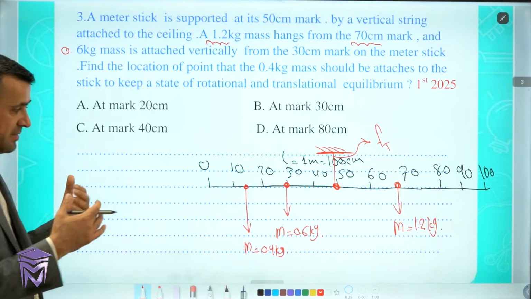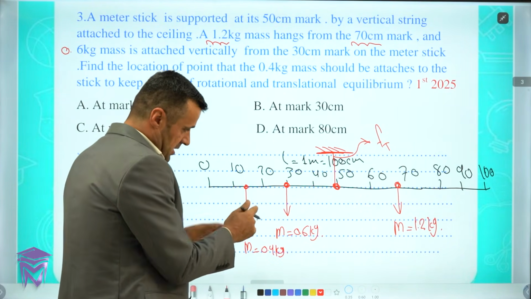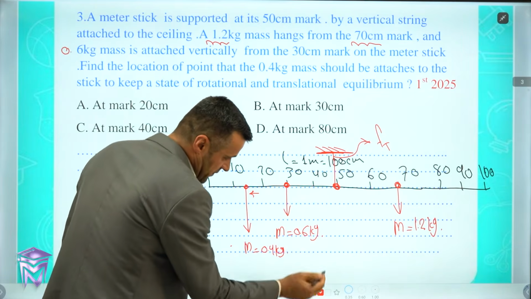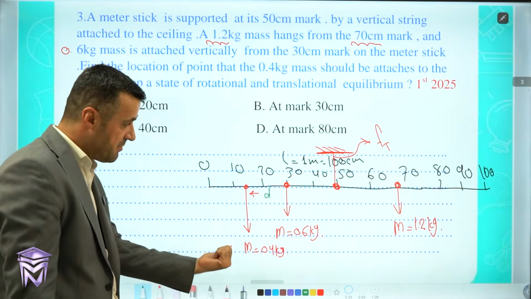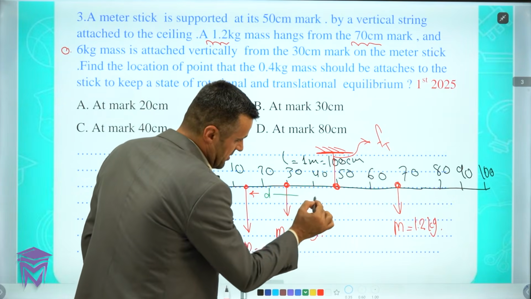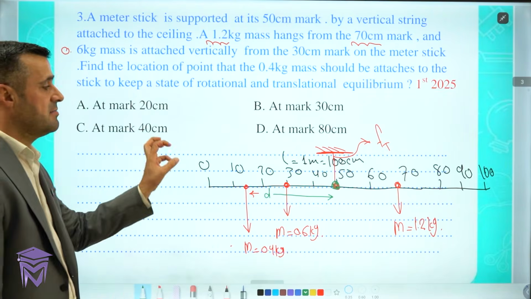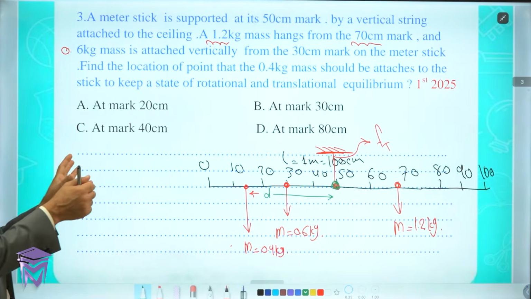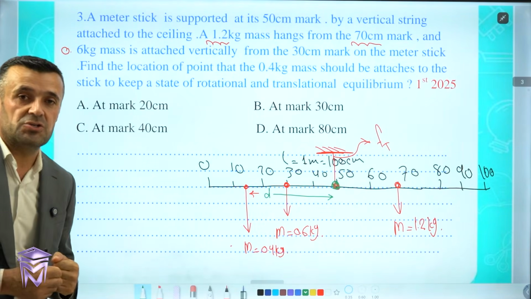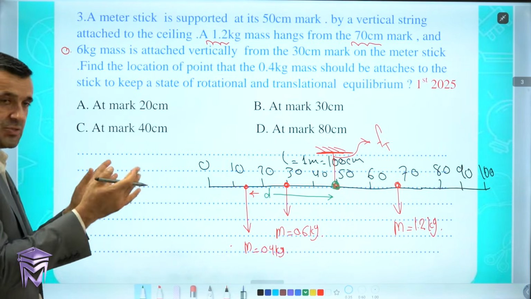We have to find the location of the third mass. This means that we have to find the distance between the third mass and the axis of rotation. This point is the axis of rotation, located at the middle of the stick. After drawing the stick, we can solve the equation in the shortest way.